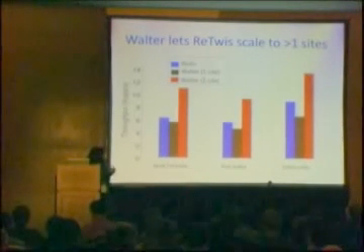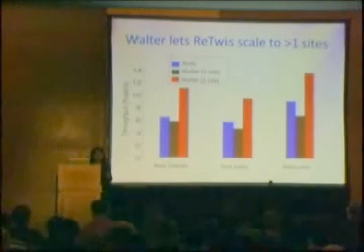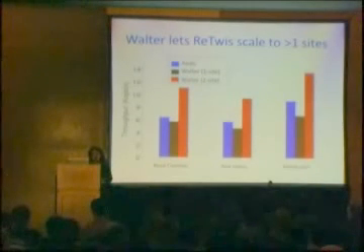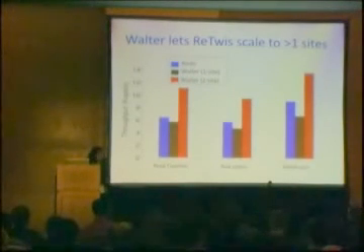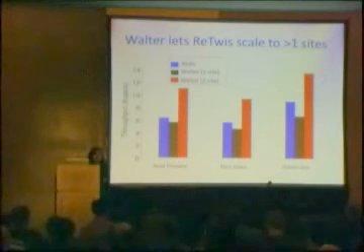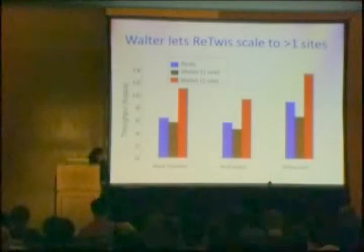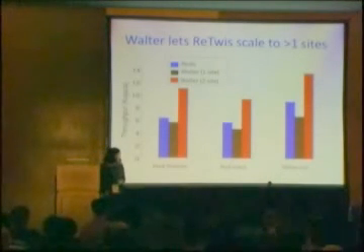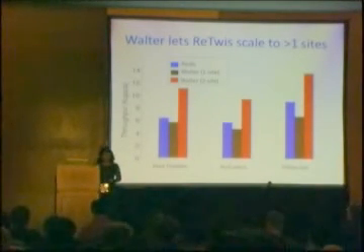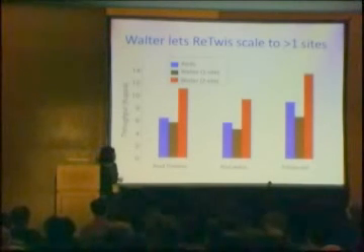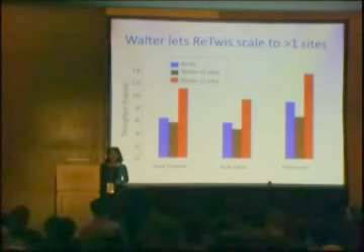When we look at the performance difference between the blue bar, which corresponds to Redis, and the black bar, which corresponds to Walter running on one site, we can see the performance is similar. Walter is worse, but that's the price we pay for having transactions. But Walter allows us to run this application across multiple geographically separate sites. And with 2 sites, we can almost double the performance.